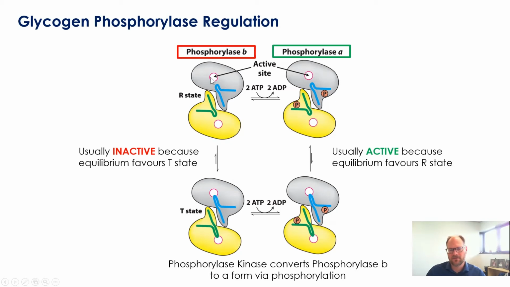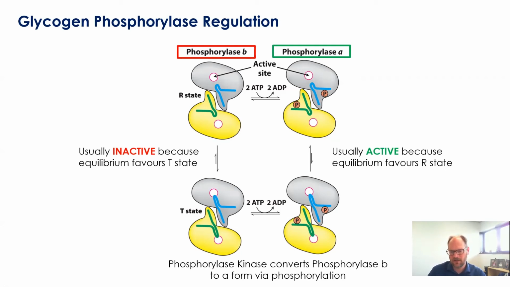Okay, so this phosphorylation on the enzyme is accomplished by an enzyme called phosphorylase kinase. That means it's an enzyme that's putting a phosphate on the phosphorylase enzyme. Okay, and these phosphates then lock it into this active form. And when that phosphate is removed, it can go back to the inactive T state.